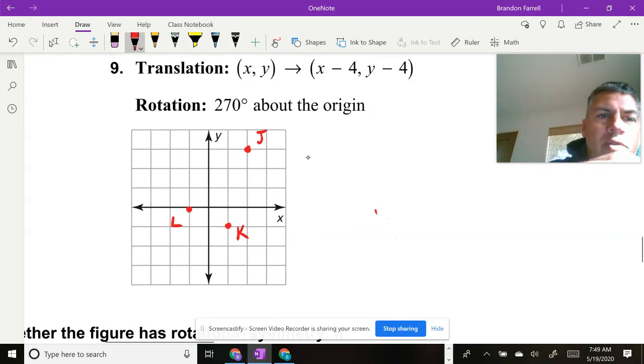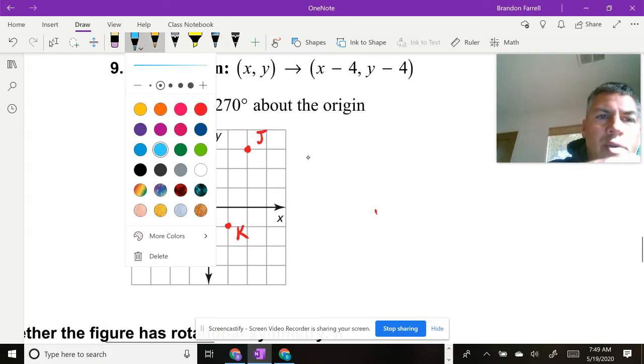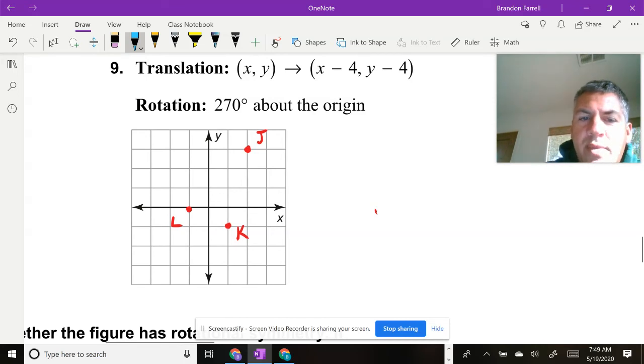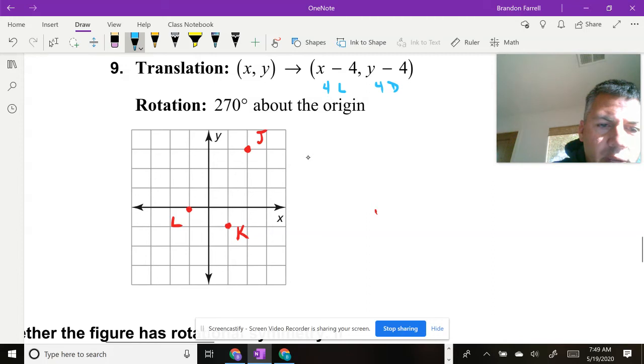So the first translation in this particular beast is going to be 4 left, and 4 down. All right, so we're going to do 4 left, 1, 2, 3, 4, L prime, and we're going to write that as -5, -4. All right, that's L prime.